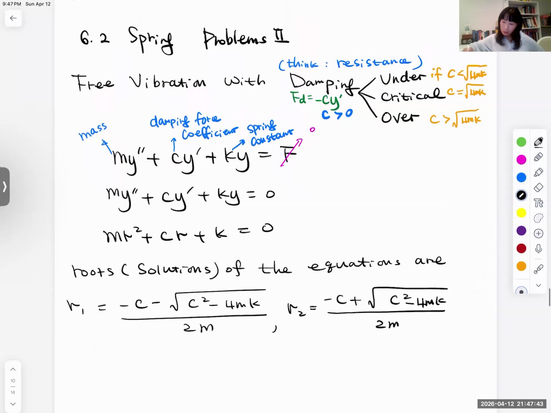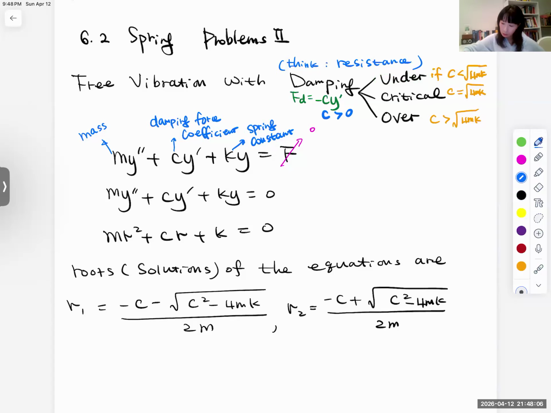If we have two real numbers, that means this one over, yeah? Two real numbers. Critical is one exact, one real solution. Under is the complex solution there. Two complex numbers, yeah?